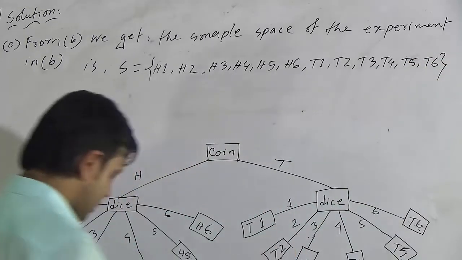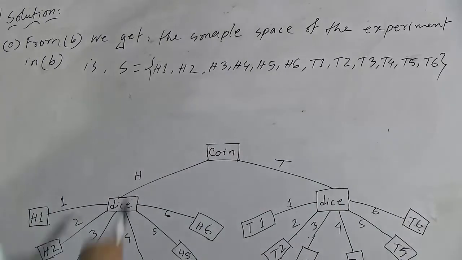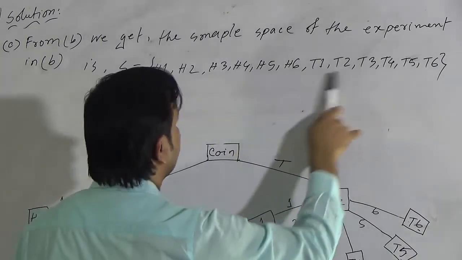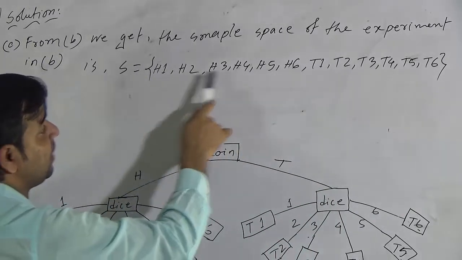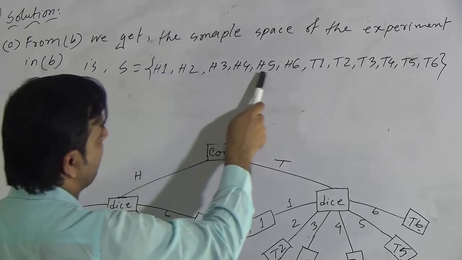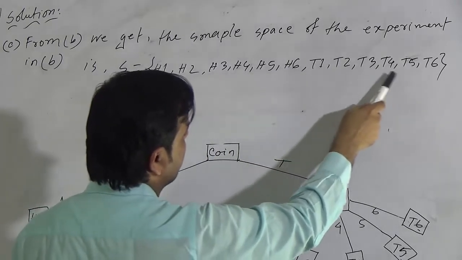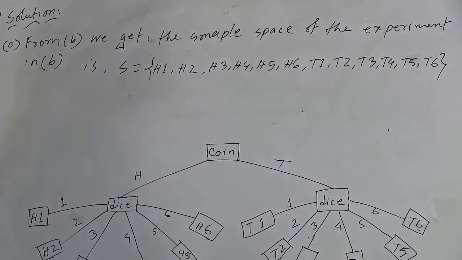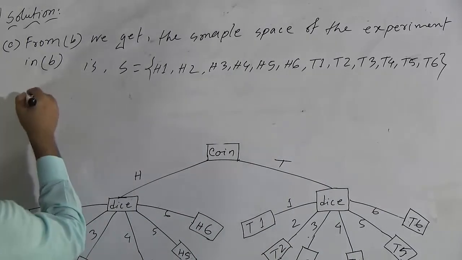This is the sample space. As the sample space contains these elements, these are the sample points. How many sample points here? 1, 2, 3, 4, 5, 6, 7, 8, 9, 10, 11, 12.